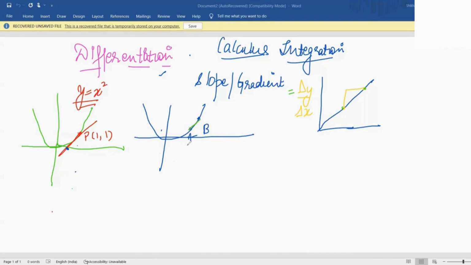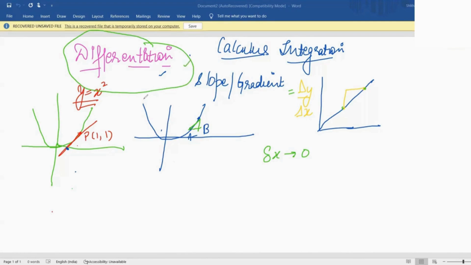So the change in my x and change in my y is teeny tiny, so tiny that the change approaches 0. So we are going to find out the formula for this now.